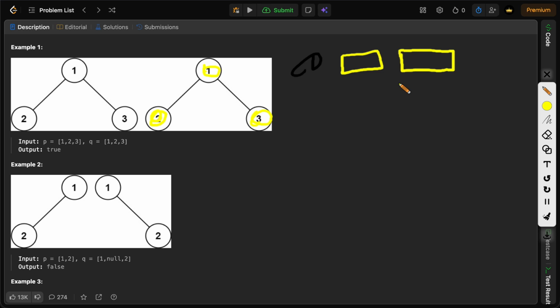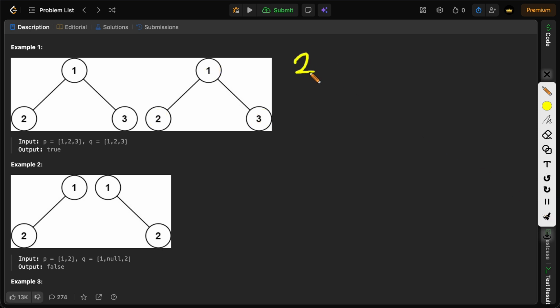So for brute force we form two functions, each traversing a tree, storing the first tree's values in vector 1 and the second tree's values in vector 2, and at last comparing these two vectors to see if they are equal or not. But this will take more time and space, so it is not very optimal.